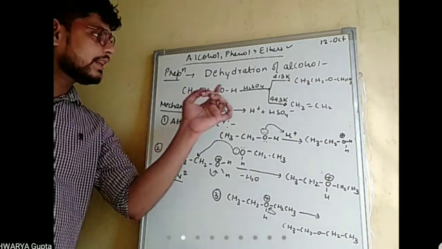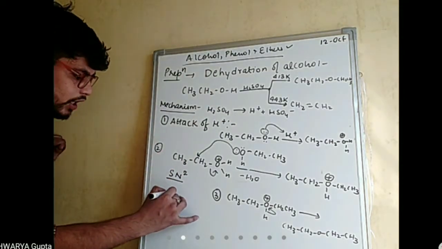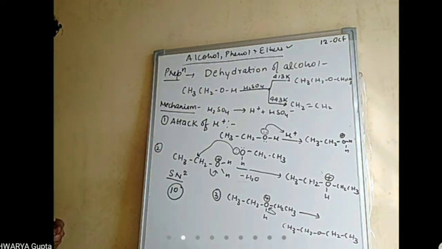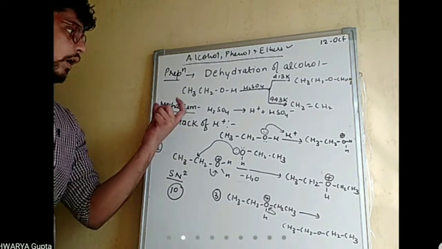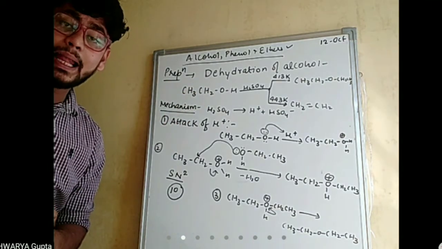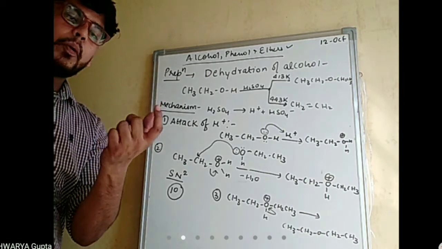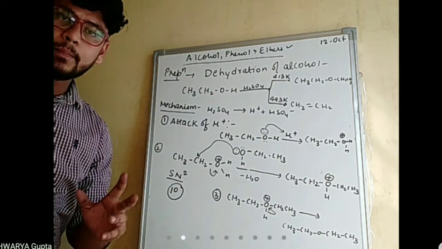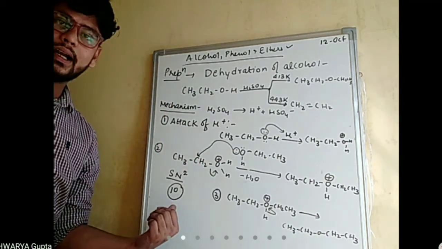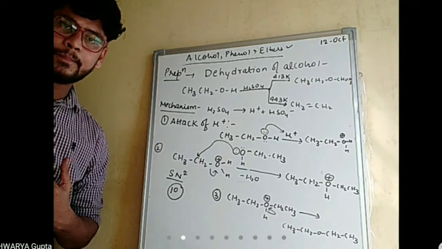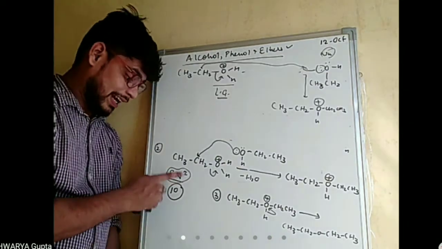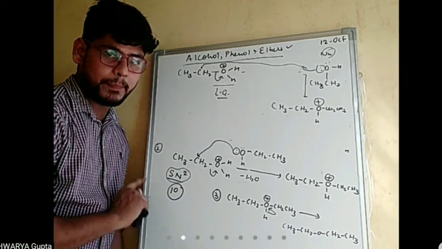And this method is suitable for the formation of ethers containing primary groups, or we can say for primary alcohol. Why? Because primary alcohol undergoes SN2 reaction faster. This is also clear. The SN2 pathway is suitable for the primary one.